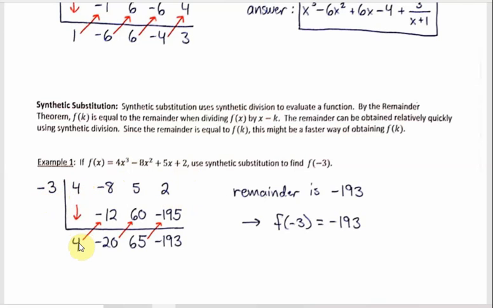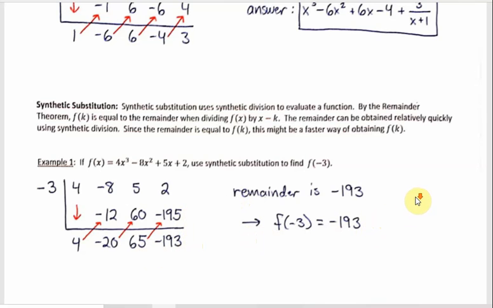You bring down the 4, then 4 times negative 3 is negative 12, add down, you get negative 20, multiply that by negative 3, you get positive 60, add down, you get 65, multiply that by negative 3, you get negative 195, add down, you get negative 193. So that means the remainder is negative 193, so that's what f of negative 3 is. So that's the remainder theorem, just going in the opposite order of how it went before.